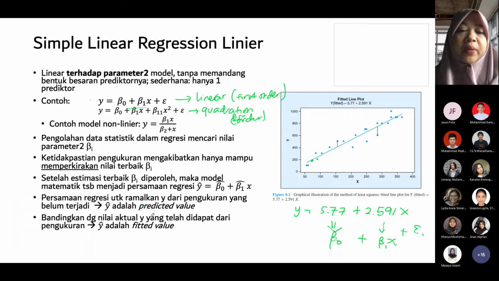Okay, the actual y based on the measurement here is called the fitted value. For example, this is my measurement around this area, but I want to compare it with the fitted value. So this is the y of the fitted value.